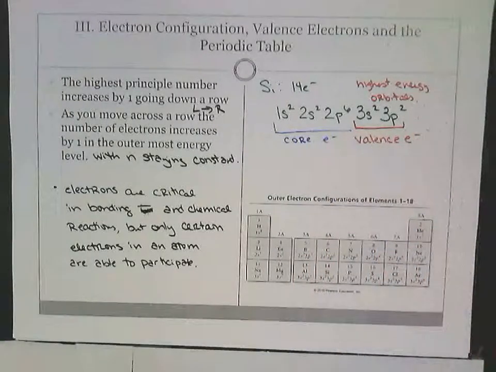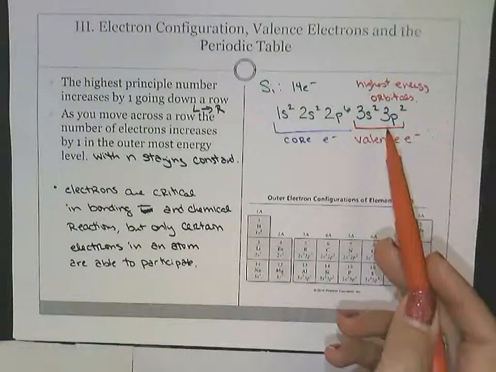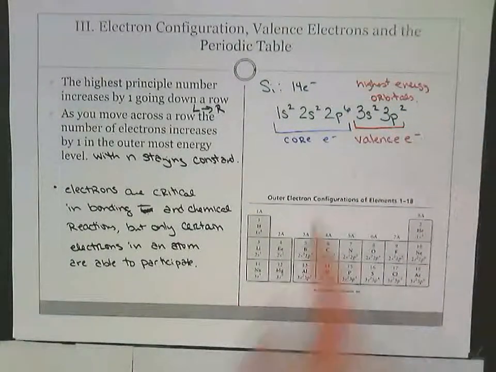Because if we took these away, these guys would be like, I don't want to be this energetic, I'm going to drop down to 1, because that's way easier. As most of us think, I'd much rather be low energy, take a nap, than be doing all this work out here, all this chemistry. So if we have core electrons and valence electrons, we can now talk about them doing chemistry.